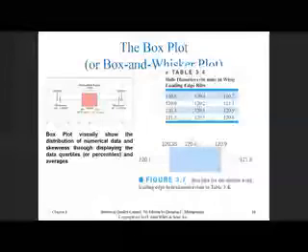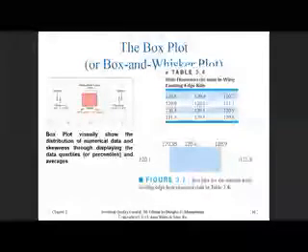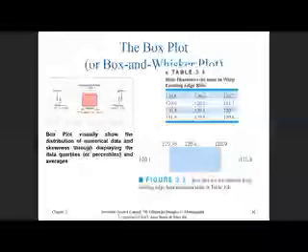The other tool that we have in our chapter today is the box plot. They also call it the box and whisker plot. The box plot, which is presented here on the left side of the slide, visually shows the distribution of the data and the skewness through displaying the data quartiles or percentiles and average.